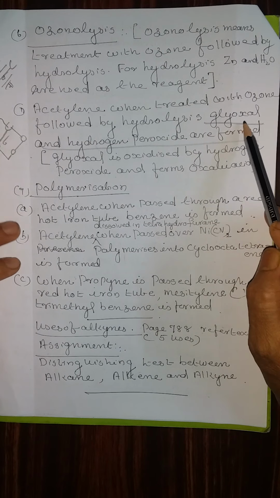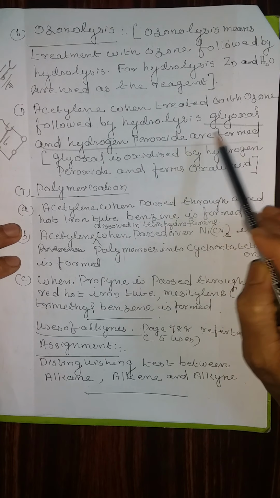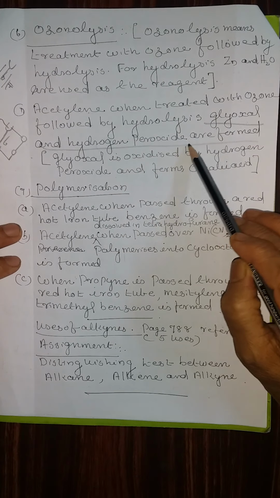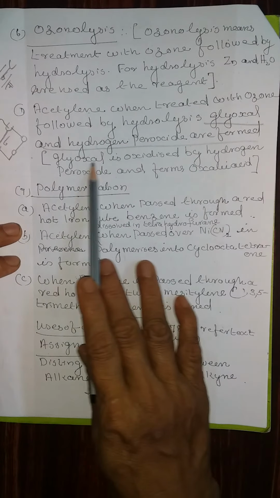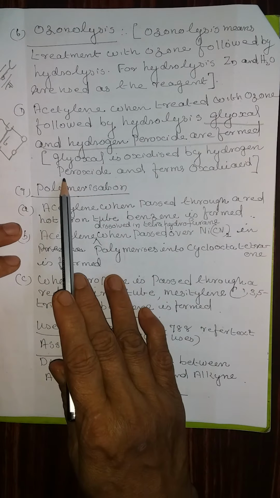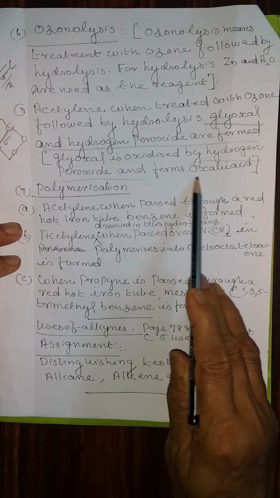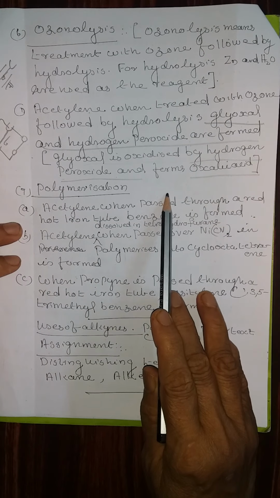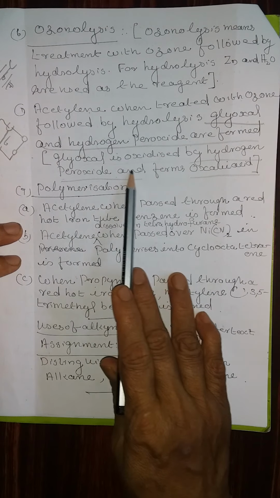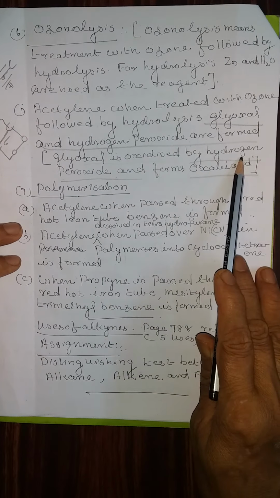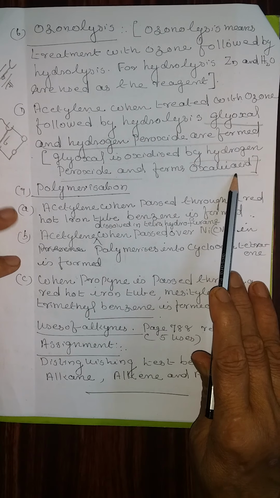The products are dash and dash, that is glyoxal and hydrogen peroxide. Glyoxal is oxidized by hydrogen peroxide and forms oxalic acid. Write the second equation. Glyoxal plus hydrogen peroxide gives oxalic acid.